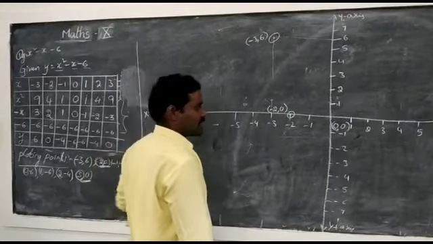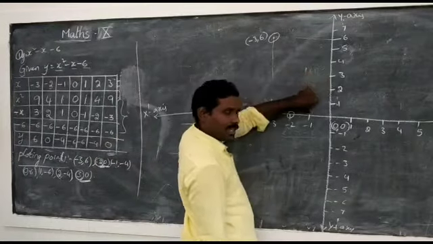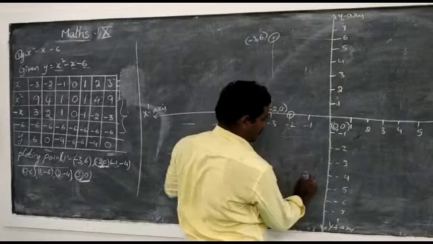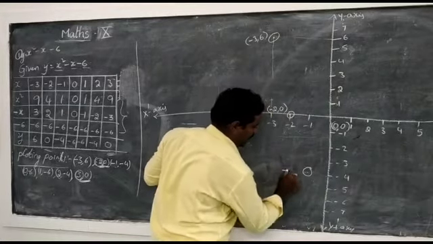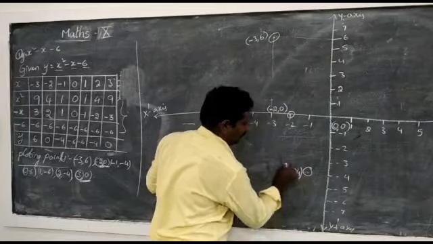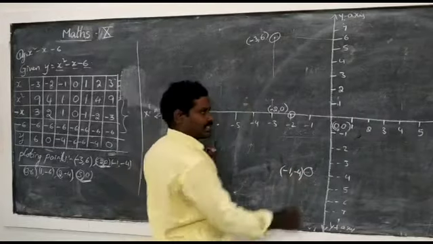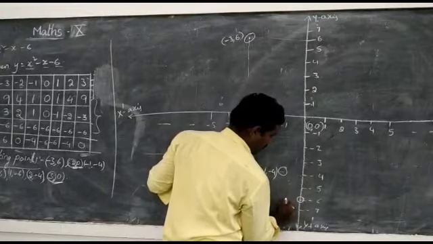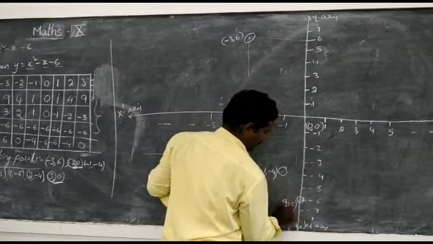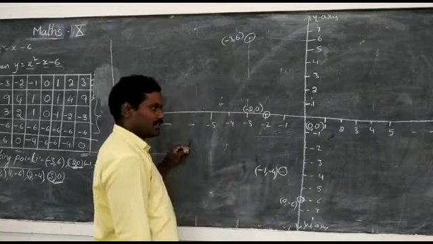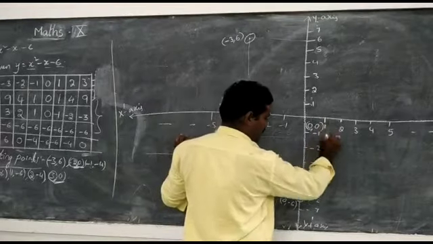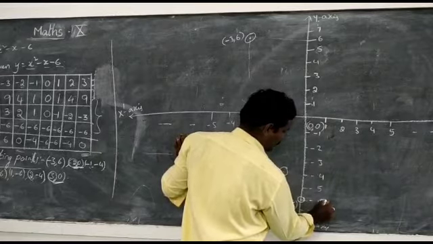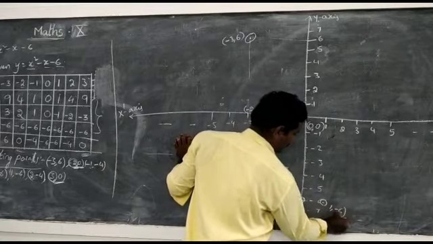-1, -4. On the x-axis -1 and on the y-axis -4. And both intersect here. -1, -4. On the x-axis 0, on the y-axis -6. 0, -6. On the x-axis 1, on the y-axis -6. 1, -6.